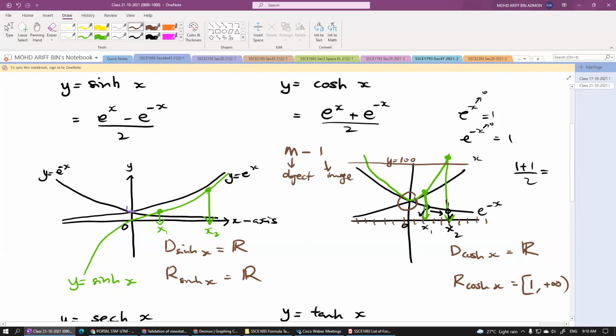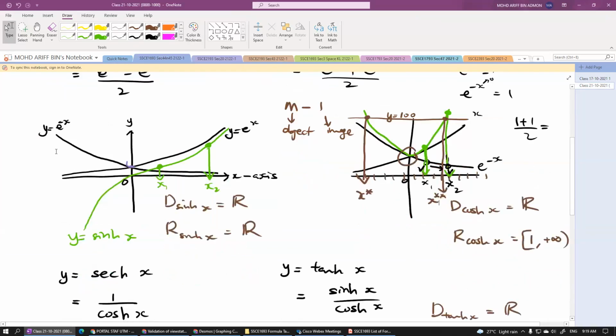For y equal to 100, there is just one value of y, but it shares two values of x, one here and another one here. Here x star, and down here x double star. Two values of x share the same image y equal to 100. So for this cosine hyperbolic, we have a many to one relation.